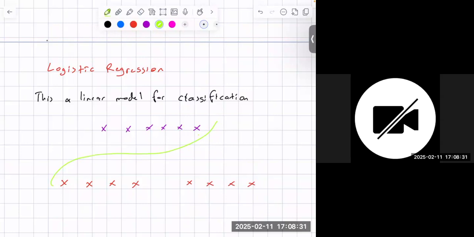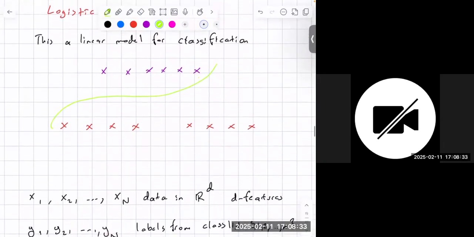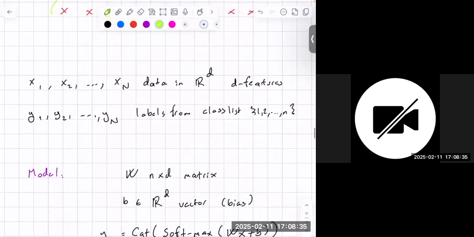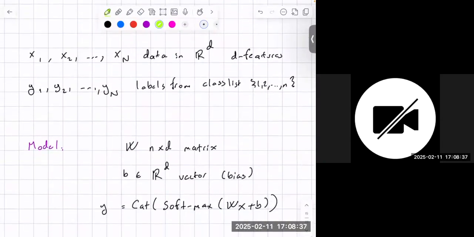Okay. Now, how does logistic regression go? It goes like this. You got your data points, x1, x2, x capital N. And suppose they got D features. They're living in R^D. And suppose this is your labeled data, and you know every single one of them, which class they belong to.